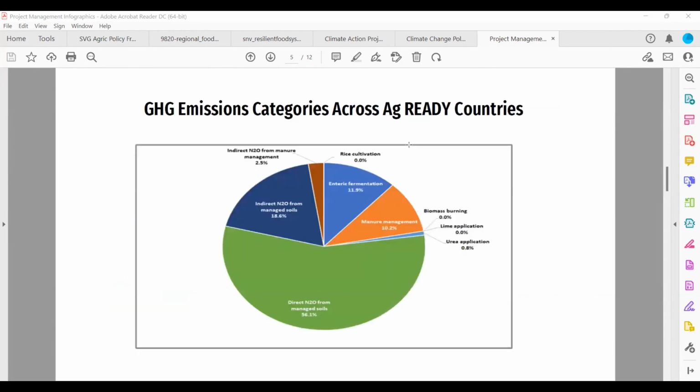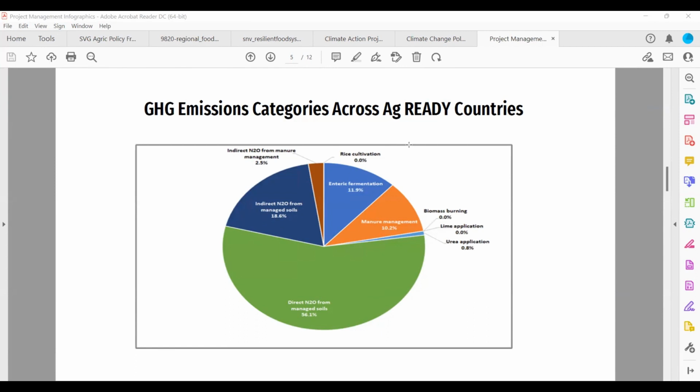And just for a little context, one of the products of the overall project is a greenhouse gas inventory for the NDC scoping. And you see that pie chart, hope you can see it properly. This is the categories of GHG emissions from agriculture and more so the production system. So this is not even the entire value chain.